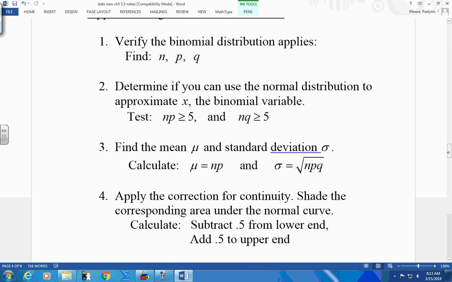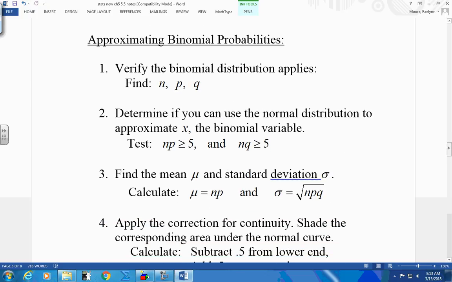Okay. These are the steps you're going to go through. I think I put this on your note page, right? It was on your notes. These are the steps you're going to go through when you're using a binomial probability. You're going to pull out your information, your N, your P, your Q. N is how many in that sample. P, the probability of success.